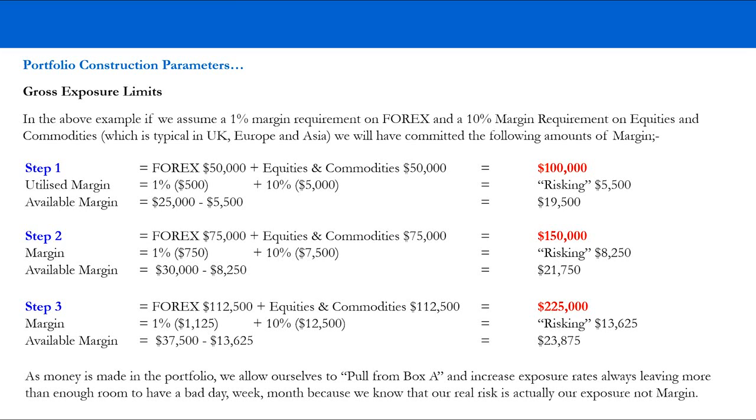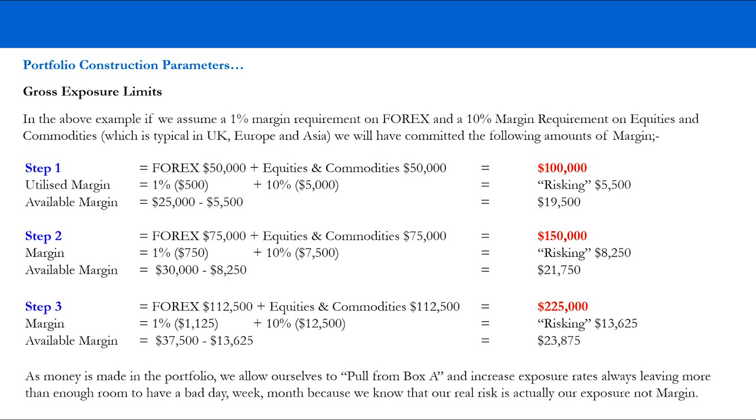Our available margin is simply our initial margin, $25,000, minus the margin that's being utilized. So the number that we're risking as part of our margin, $5,500, leaving $19,500 of margin that currently isn't utilized. However, we know that's there because we're choosing our exposure rates and we're making sure that we never receive a margin call. In step 2, we have $75,000 Forex exposure and $75,000 equities and commodities exposure, giving a gross exposure of $150,000.